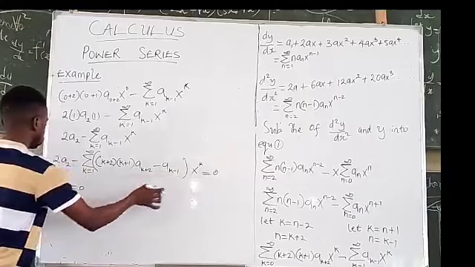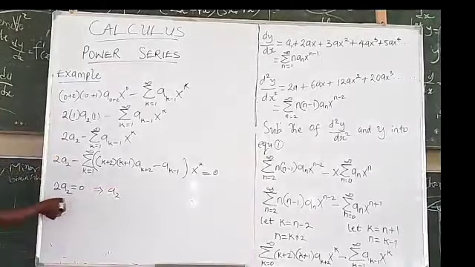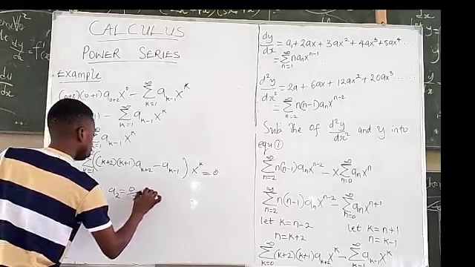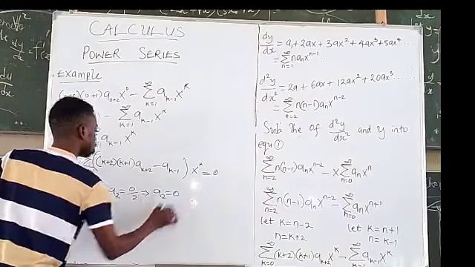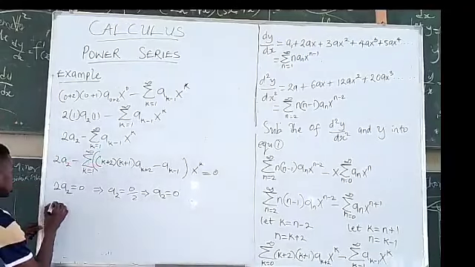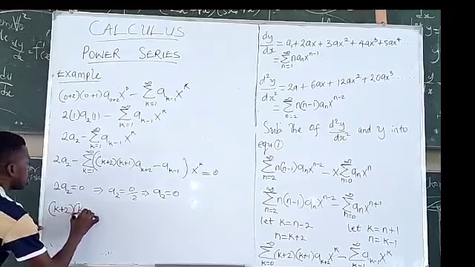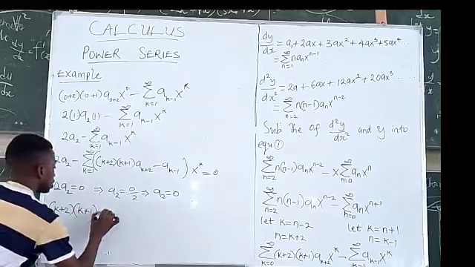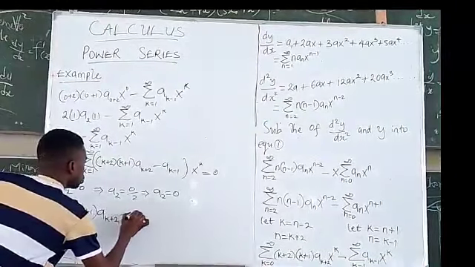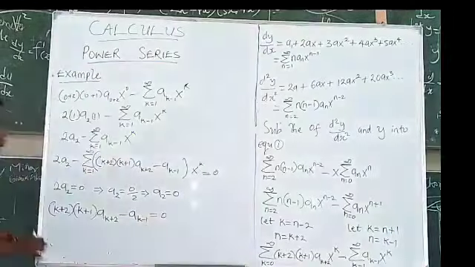And also from this, if we divide both sides by 2, a2 is 0 over 2, so a2 becomes 0. Then from this one, we get k plus 2 bracket k plus 1 a k plus 2 minus a k minus 1 is equal to 0.